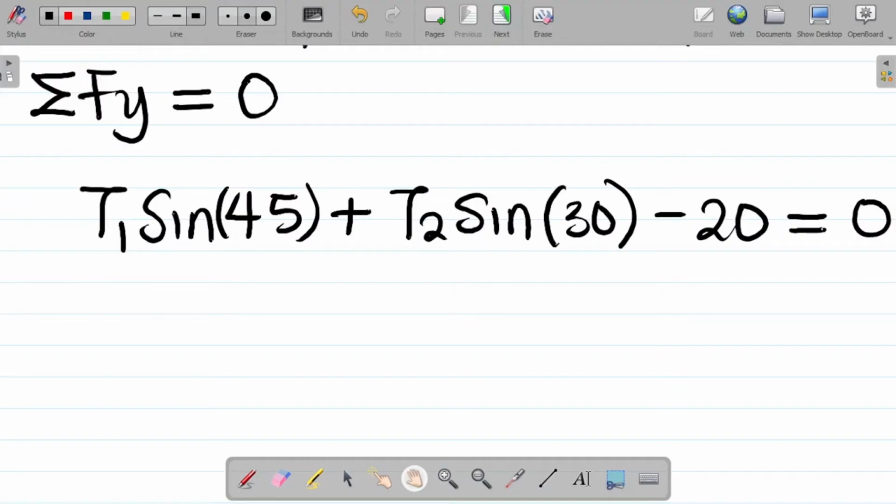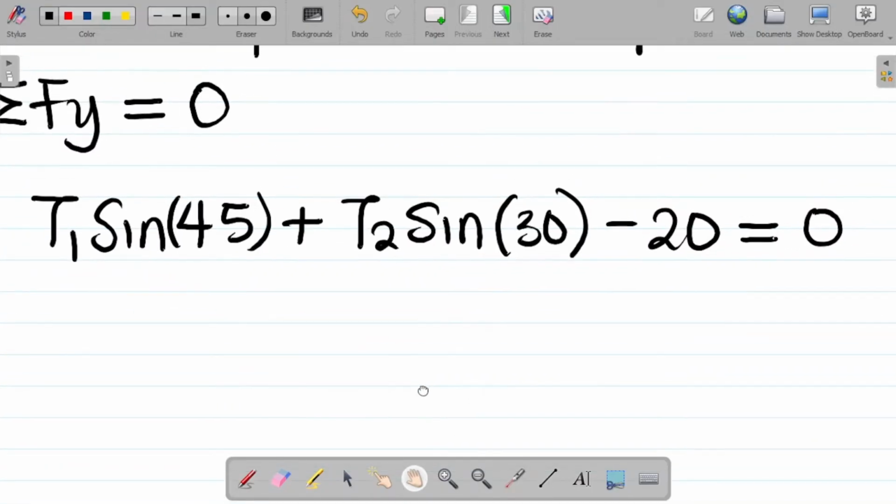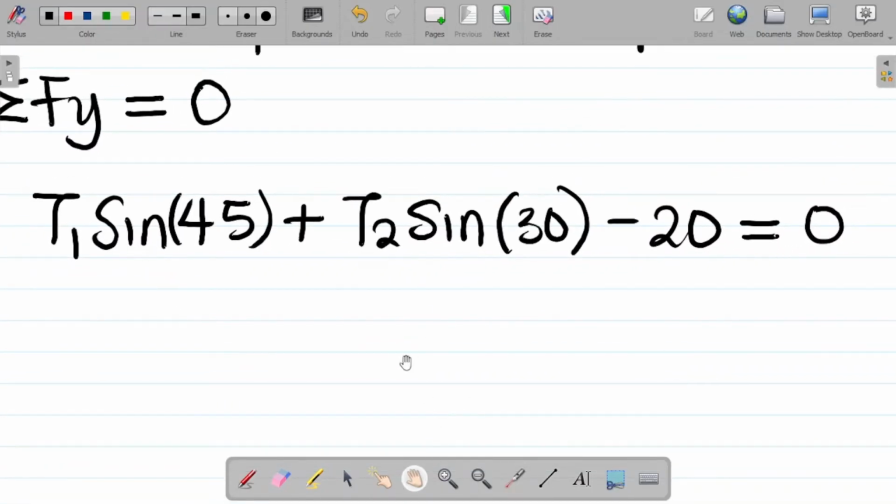Let's punch this. If you punch sine 45, that's about 0.7071. So what I'll simply do is leave this way, and move 20 over here.